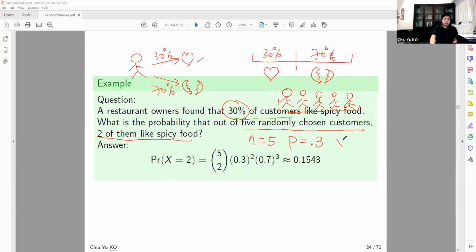And x here is 2 because we want 2 successes. So we have nCx times p to the x times 1 minus p to the n minus x.